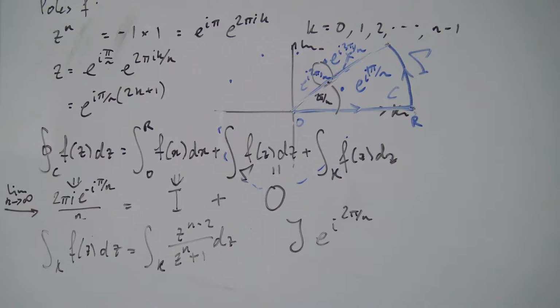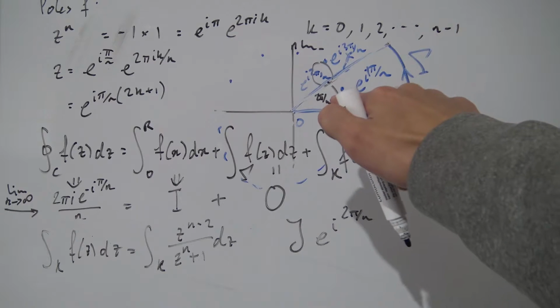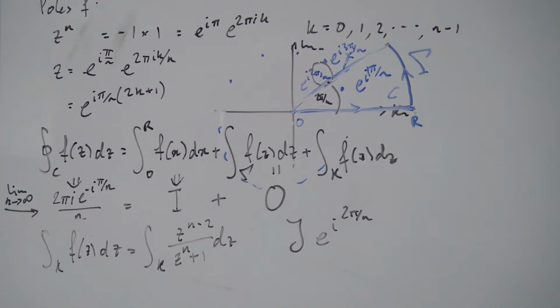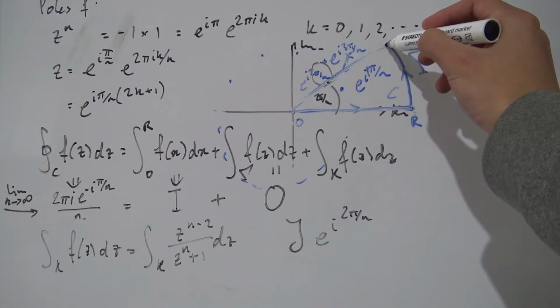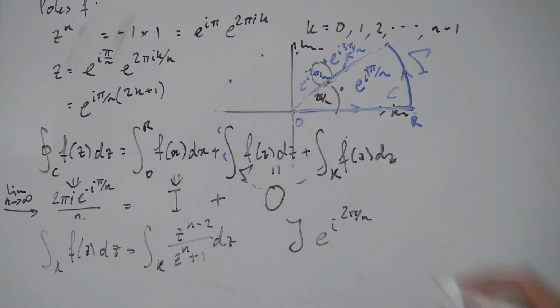But it's still going to make the same angle 2 pi over n with the positive real axis. So if we can find some j that starts right here and goes all the way down to 0, that's going to be our parameterization.